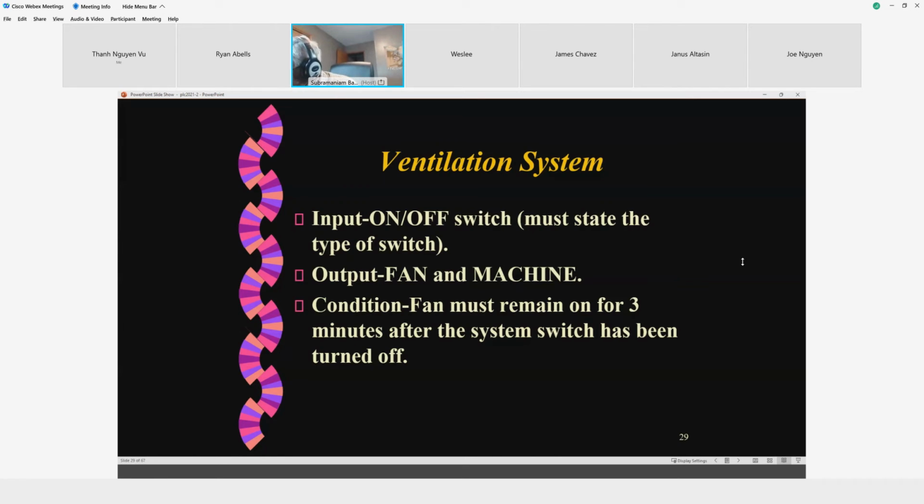The question that normally comes up: if the fan is turned on for 1 minute and then you switch it off, should the timer keep it going for 3 minutes or less? If you understand heat transfer, yes, the longer you keep it on, more heat is developed and then it reaches a thermal equilibrium, after which it doesn't matter.